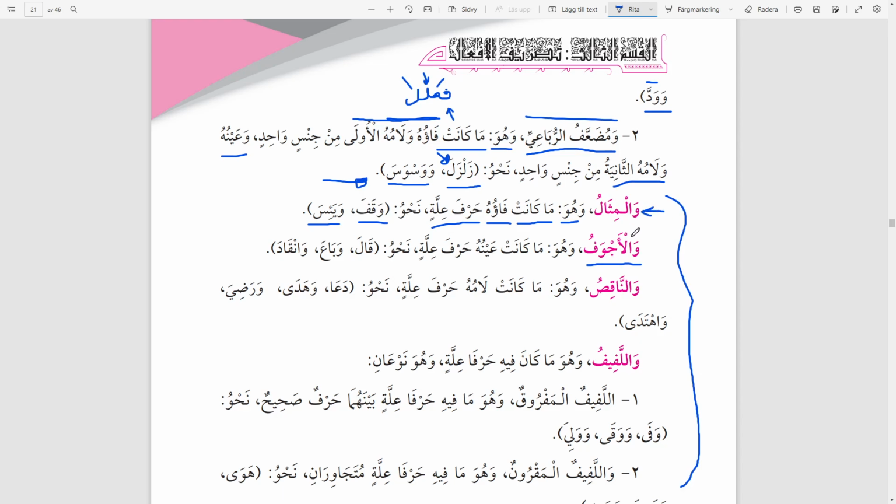Mithal means the example. Allah knows best why this word has been used. Well, ajwaf, meaning the hollow, something which is hollow. It is where the ayn is a harf illa. So qala, ba'a, inqada. So al-ayn is still harf illa.